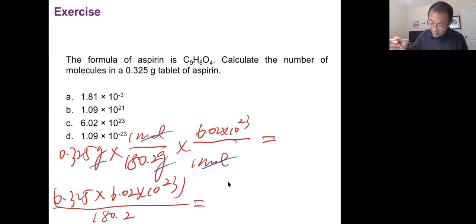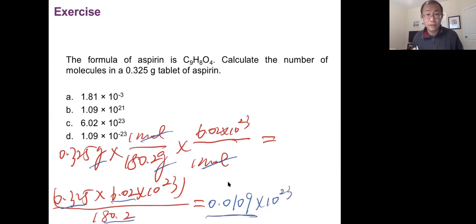Again, guys, what I did is only use these three numbers. I leave the exponent behind in my calculator. So what I actually got is 0.0109 times 10 to the 23rd. Don't lose it, you just don't use it in your calculator. So this is what I have from the calculator. Then you move the decimal to the right by 2 places.